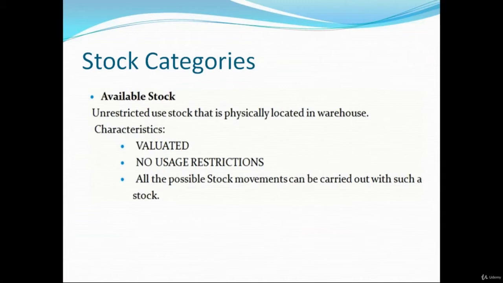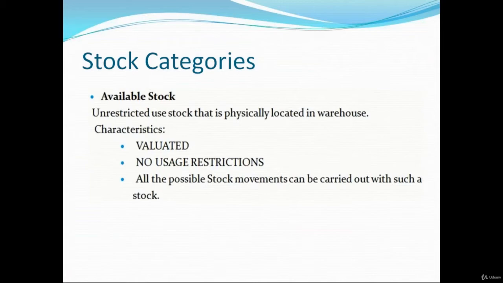So it is very important to understand how much unrestricted stock is available in a particular bin, a particular warehouse, or a particular IM location, for understanding future use in the warehouses.